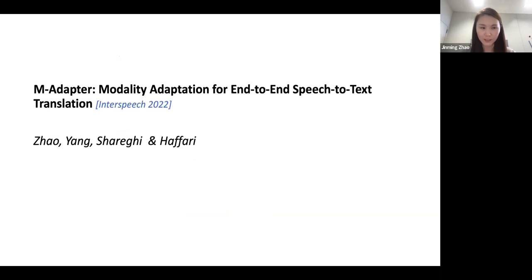Now, with that background, let me introduce you to our first work, titled Adapter: Modality Adaptation for End-to-End Speech-to-Text Translation. Here is more background related to this work. One common remedy to address the data scarcity issue that I mentioned just now is pre-training.